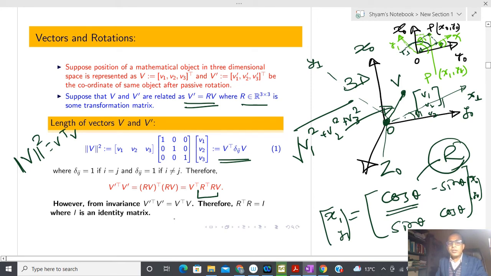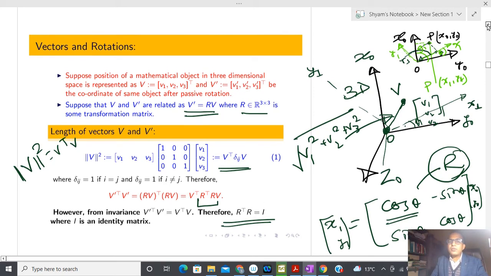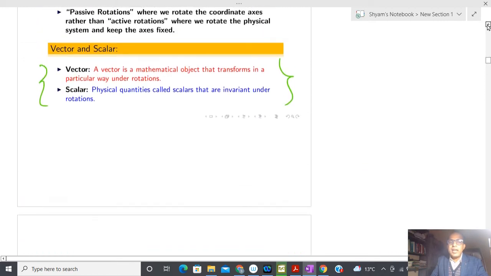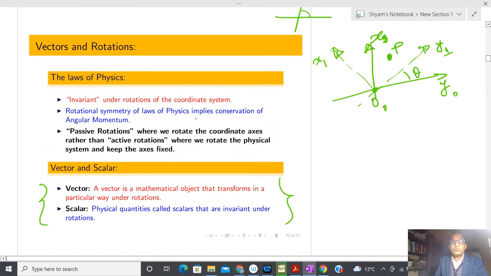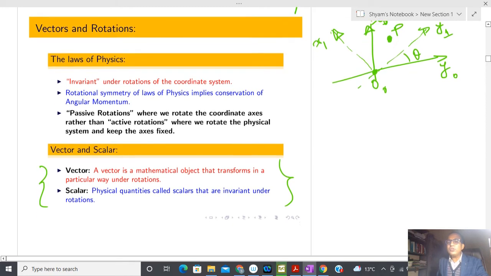If this kind of structure comes into the picture, then I can say that during the rotation length remains the same. I have already told you that whenever we talk about rotation, in physics we also talk about the conservation of angular momentum. We say that angular momentum is preserved because we have some kind of symmetry with respect to rotation.